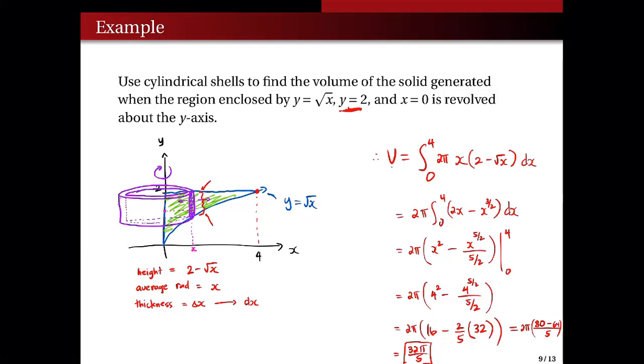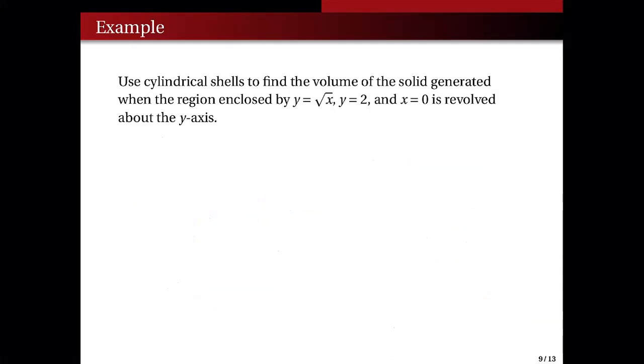Now, just for the sake of practicing the other methods, in here we solved this using the cylindrical shells. Suppose we have the same scenario, but we want to solve it using another method, either the washers or the disk. So suppose we have the same problem.